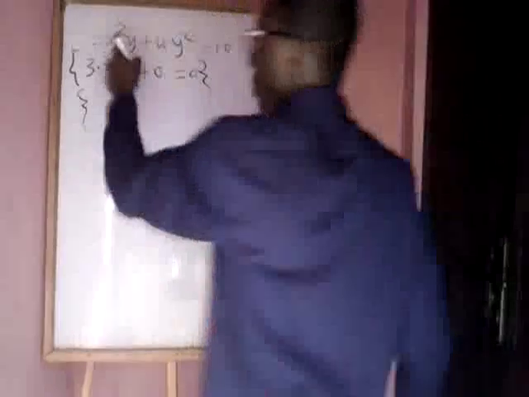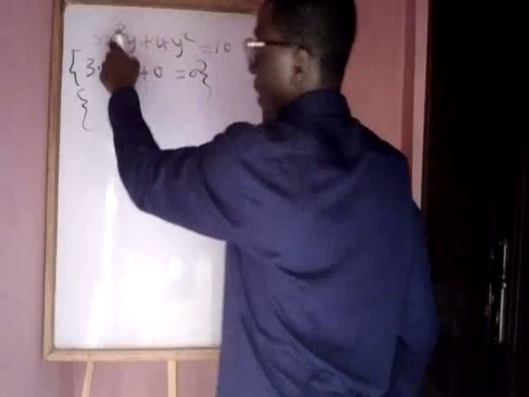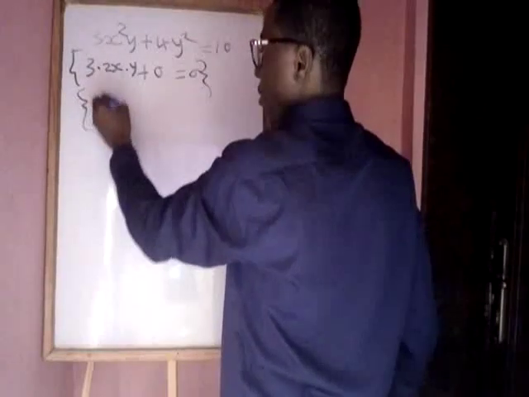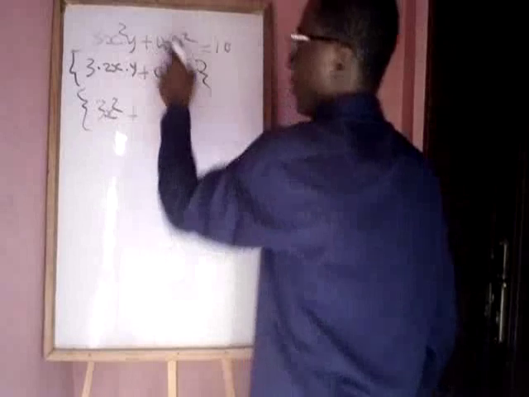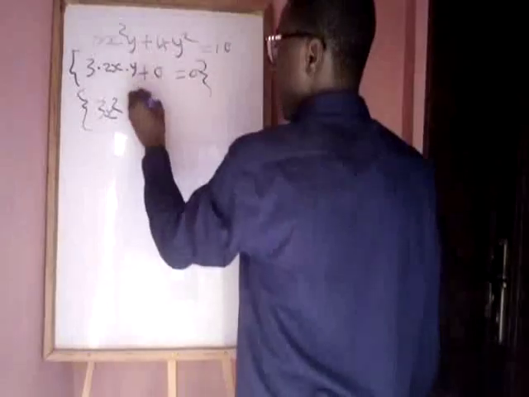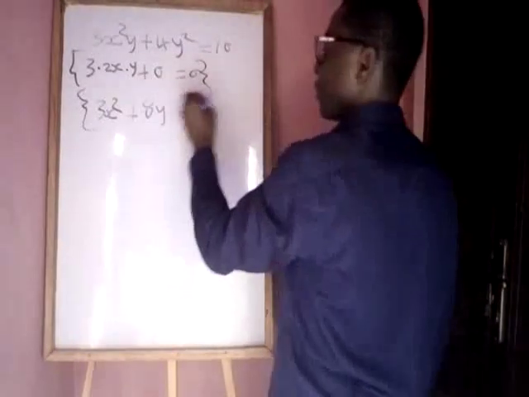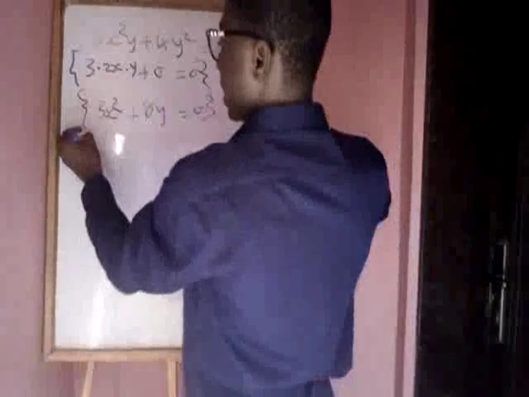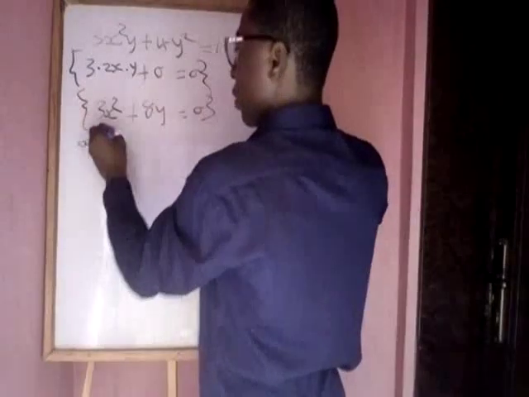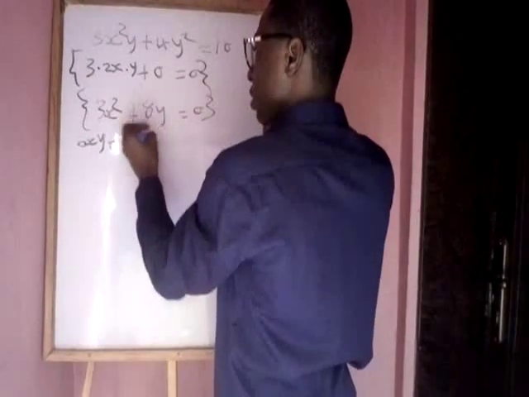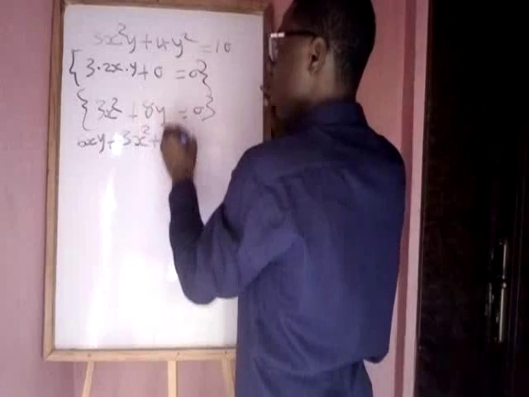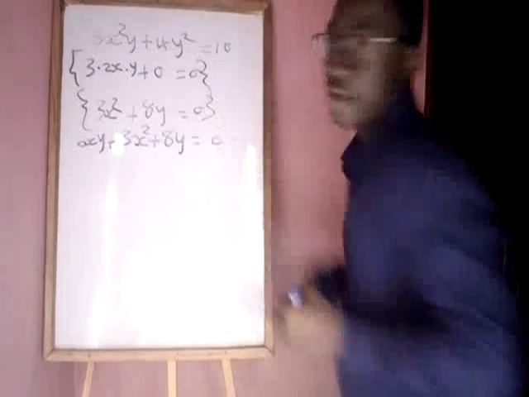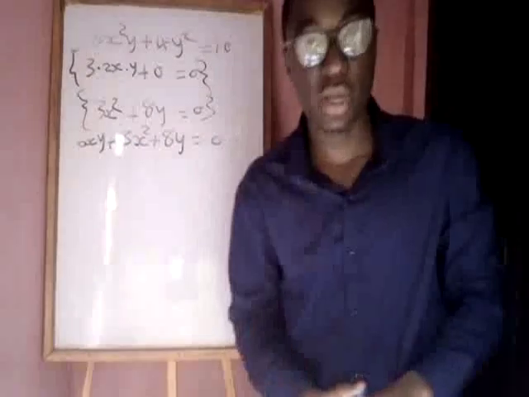So 3x squared y, the derivative with respect to y is 3x squared, plus differentiate 4y squared with respect to y, that's 8y, equals 0. So then we add the x and y components, that will be equals to 6xy plus 3x squared plus 8y equals 0. That's the derivative of that expression.